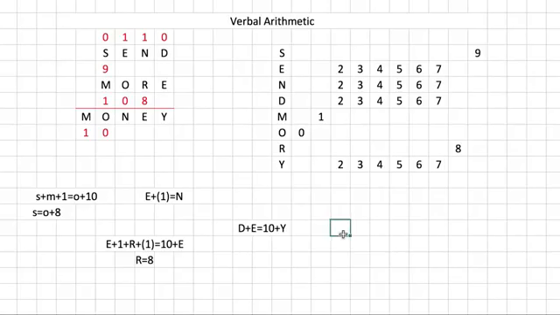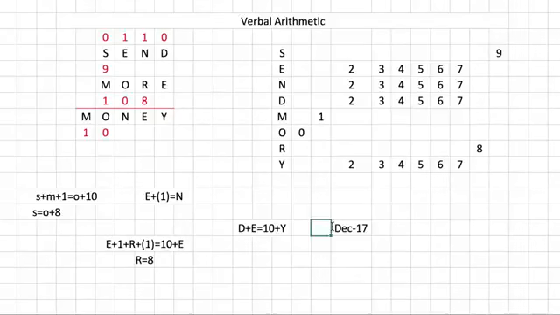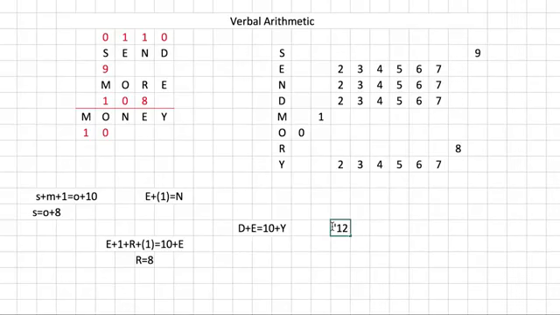Now we have to find what can be the minimum value of Y. We'll see from this matrix the minimum value can be 2, right? And the maximum value can be 7, so it can be 17. It can vary from 12 to 17. That's what the value can be when we add D and E.